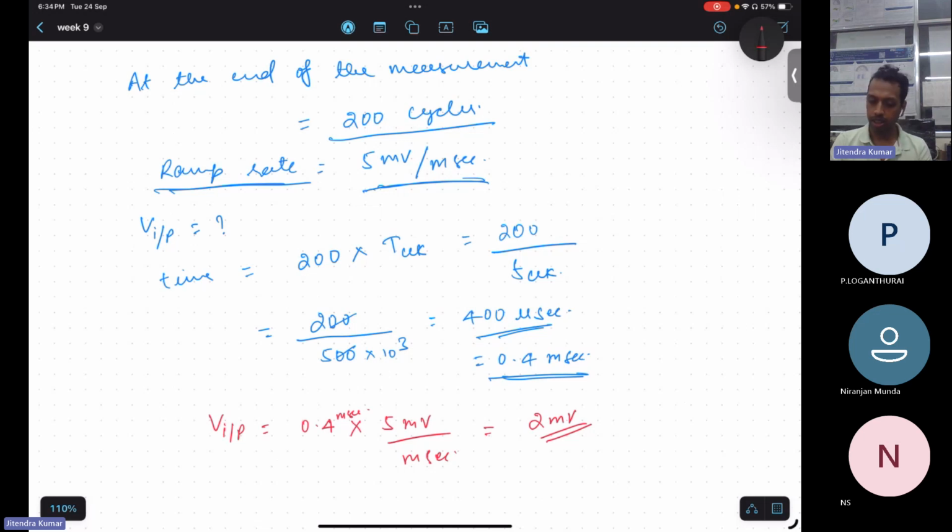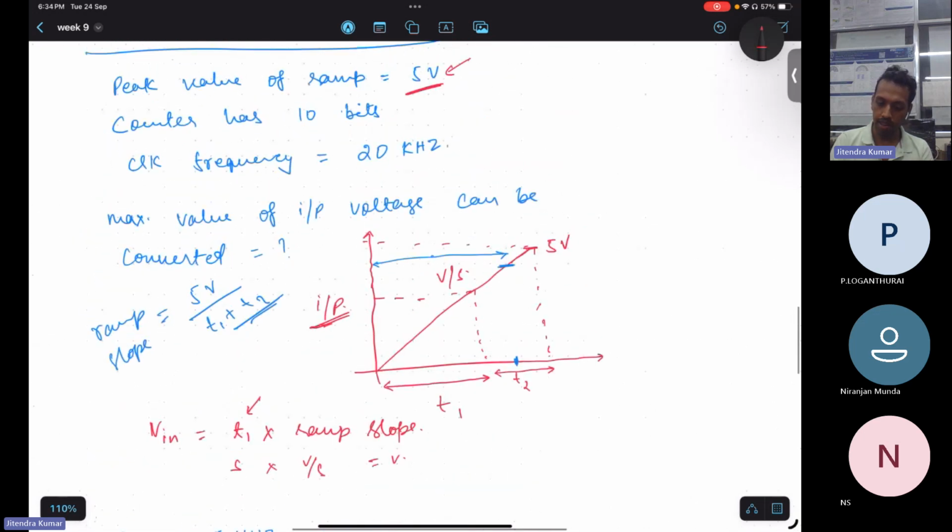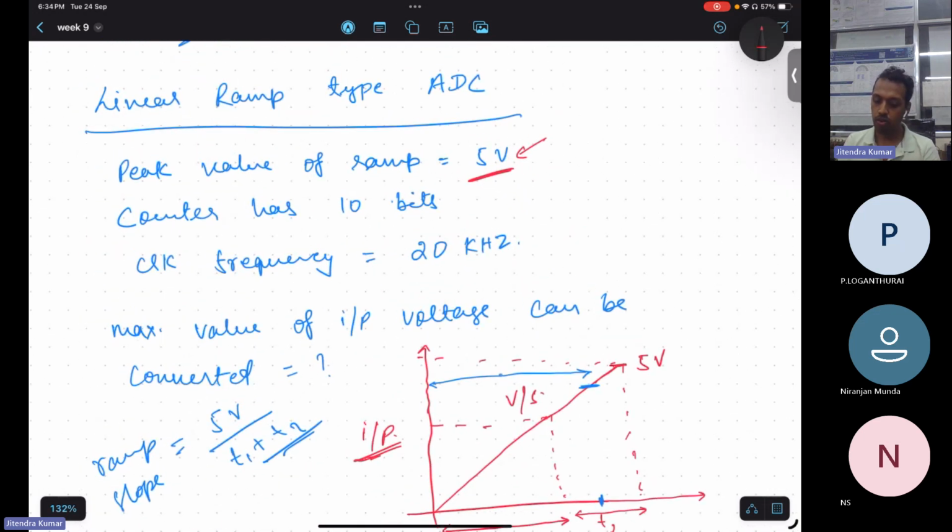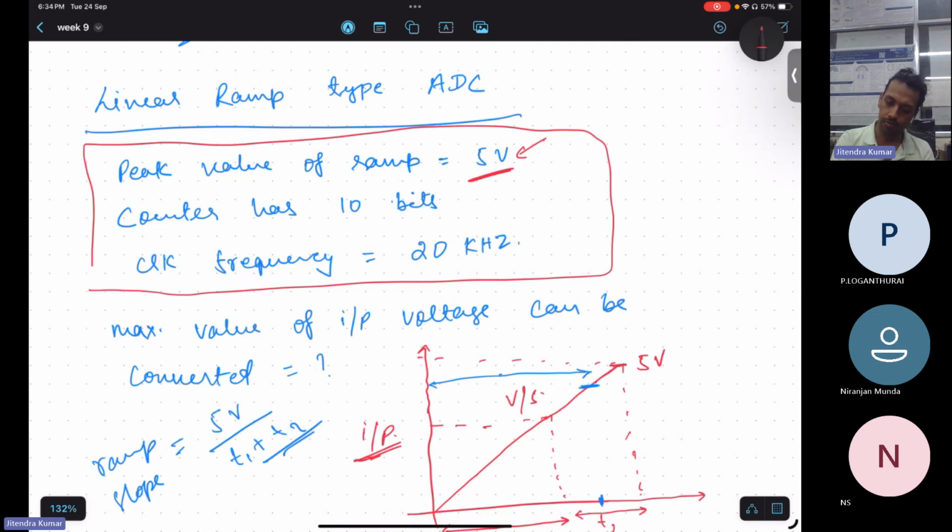Okay, great. So Niranjan, now you have to let me know the answer for this part: the maximum value of input voltage that can be measured with this problem statement and this much data. Here the ramp rate is not given in this problem, so you do not need to calculate the time consumed by the counter.